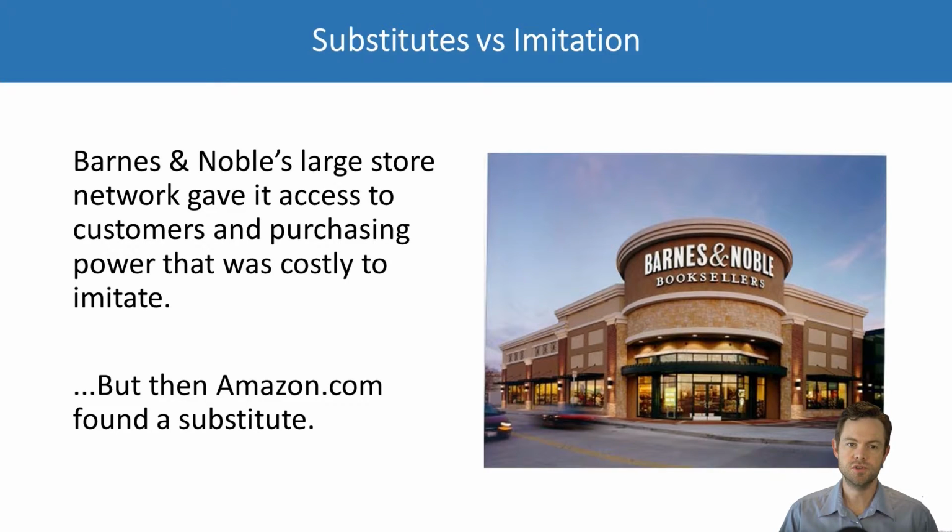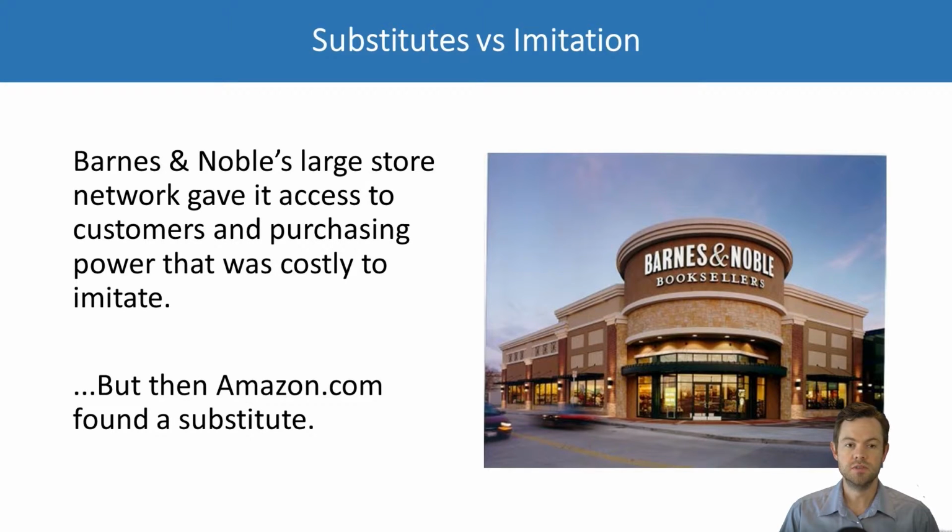You can think of substitutes as an alternative to imitation. So while Barnes & Noble's large store network gave it access to customers and purchasing power that was costly to imitate, Amazon.com found a substitute for that network of stores. While substitutes and imitations are very similar, substitutes tend to be something more out of the box than a direct imitation.